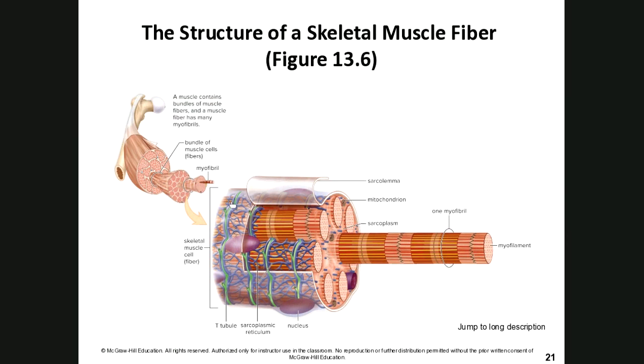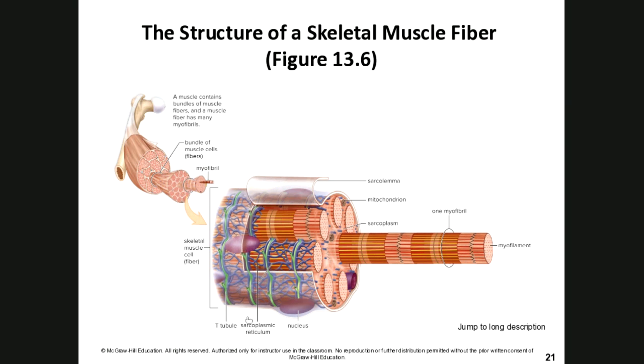So this whole thing is a muscle cell. Surrounding it is a sarcolemma, which is just the plasma membrane of the muscle cell. We also have our T tubules. The T tubules are the green things here, and notice how the green things wrap all around the muscle cell. Because remember, this whole thing is a muscle cell. Then we have our nucleus there, then another nucleus there, so lots of nuclei.